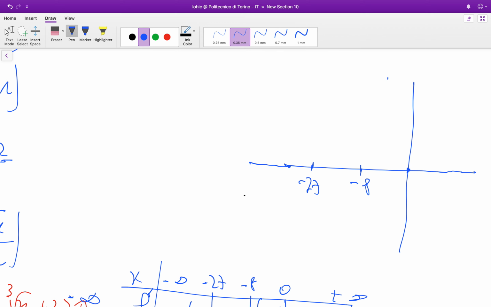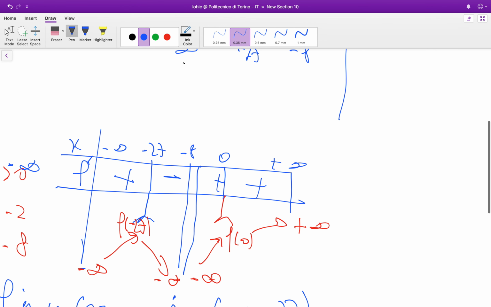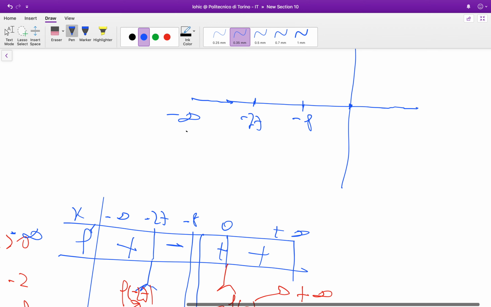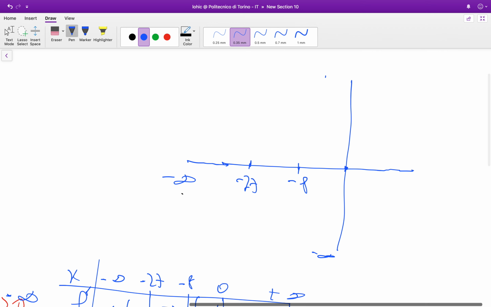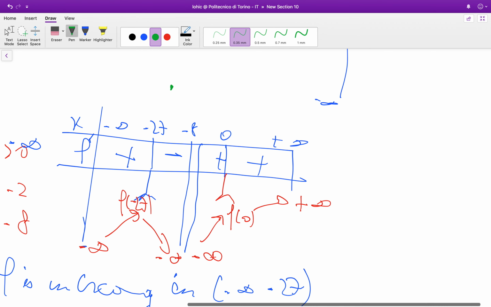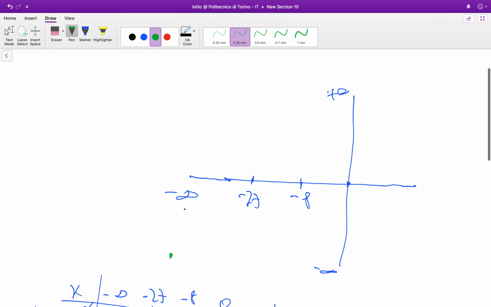To get some space, so here is minus infinity. Now you see that we have the point minus infinity, that says here is also minus infinity on the y-axis, and here is plus infinity. Minus infinity means that we have this point here, and then we have the point minus 27, f of minus 27.